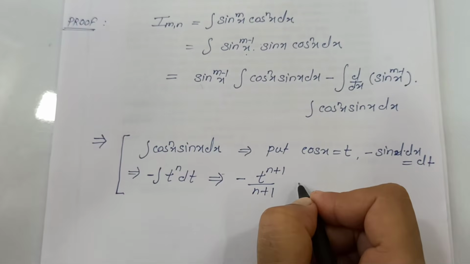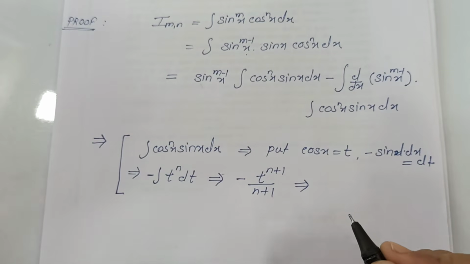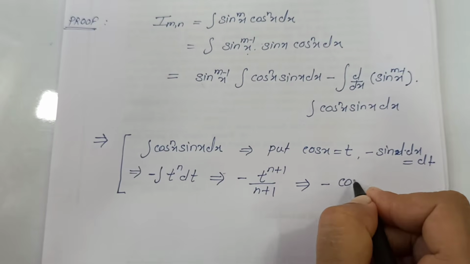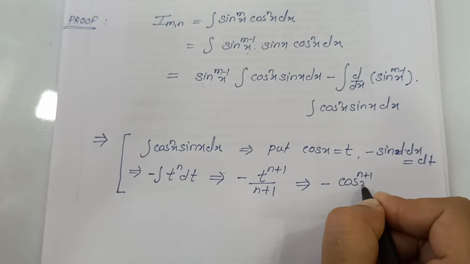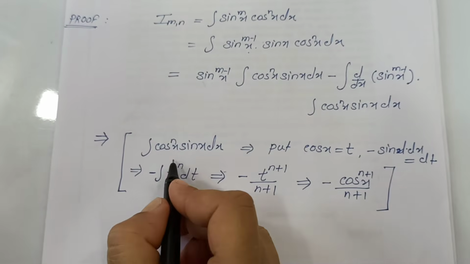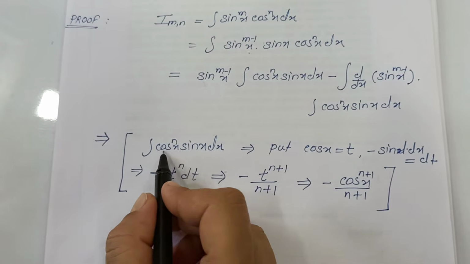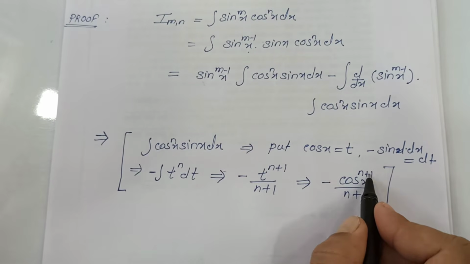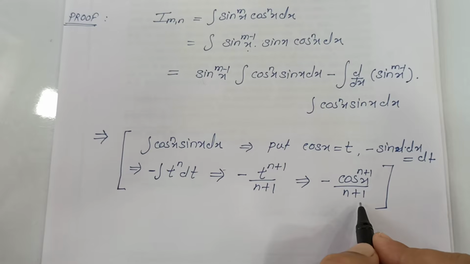Again I will substitute back the value of t. So t is cos x, so this gives me cos raised to n plus 1 x upon n plus 1. So integration of cos raised to n x into sin x dx is nothing but minus cos raised to n plus 1 x upon n plus 1.